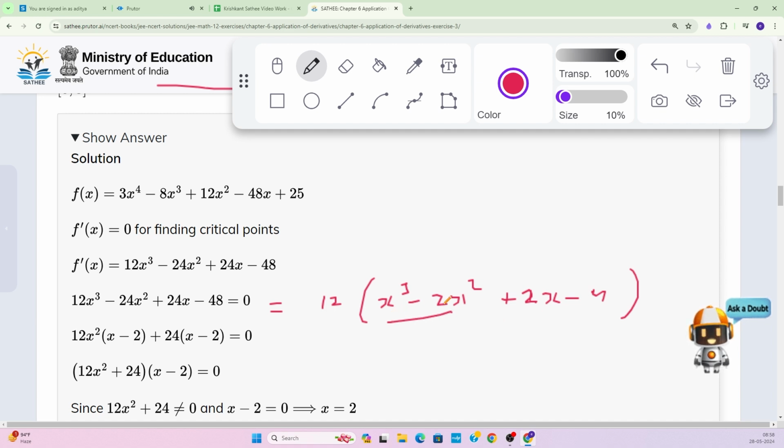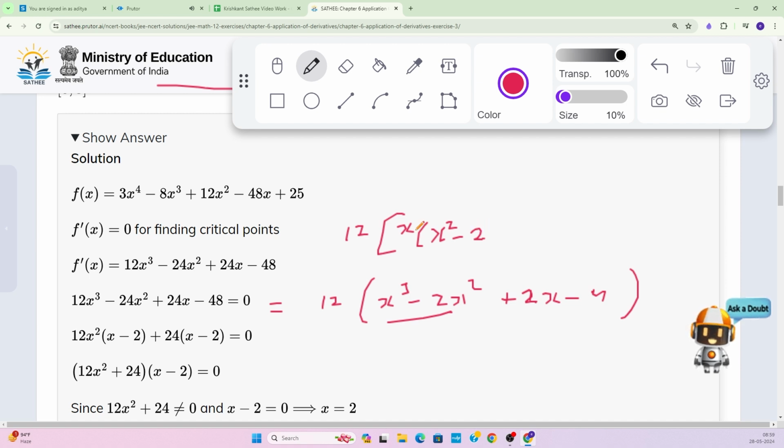Now see one thing. If you take x common from here, what will you get? Taking x common here, okay, no problem. So you can take x common, so it will be x square minus 2x.